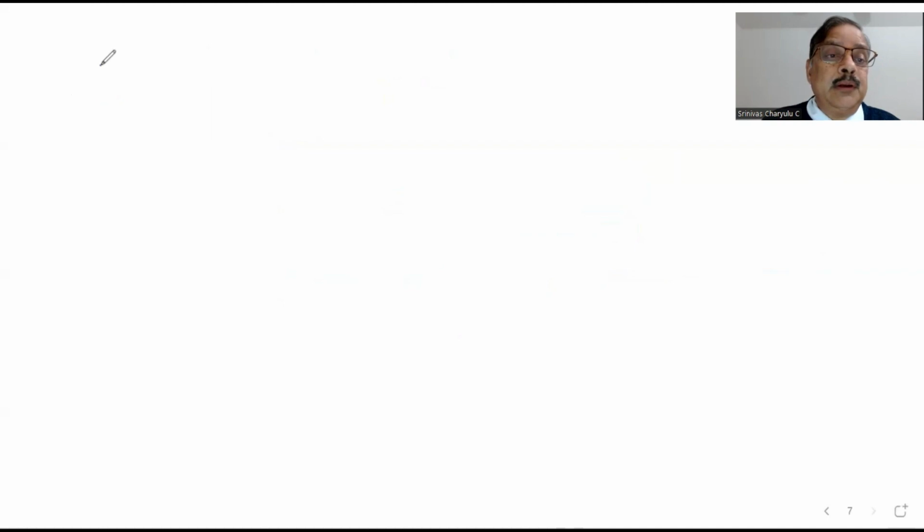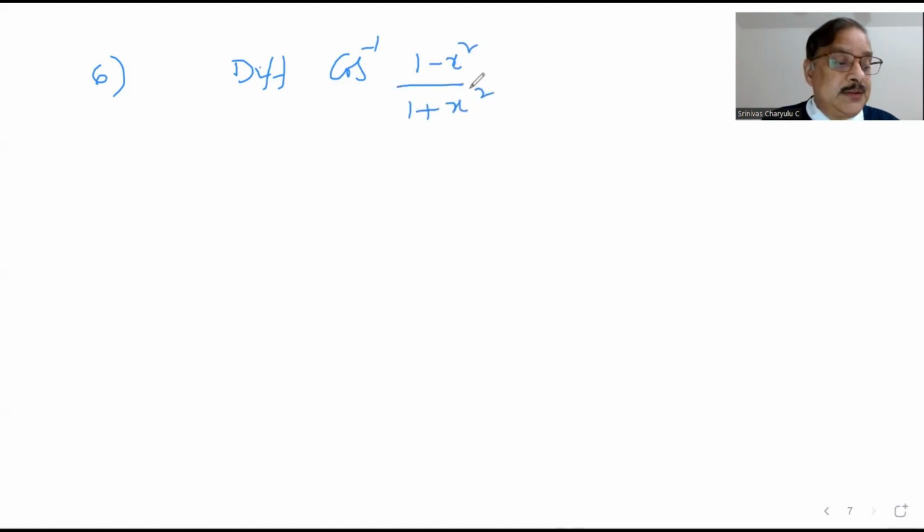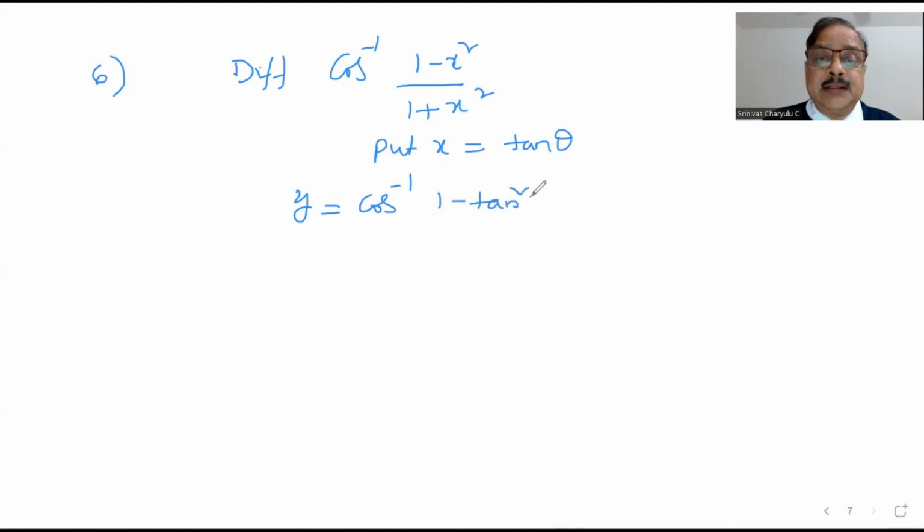One more last sum for today, that is differentiate cos inverse 1 minus x square divided by 1 plus x square. Here also same substitution. Substitution doesn't change. Put x is equal to tan theta. Then y is equal to cos inverse 1 minus tan square theta divided by 1 plus tan square theta.